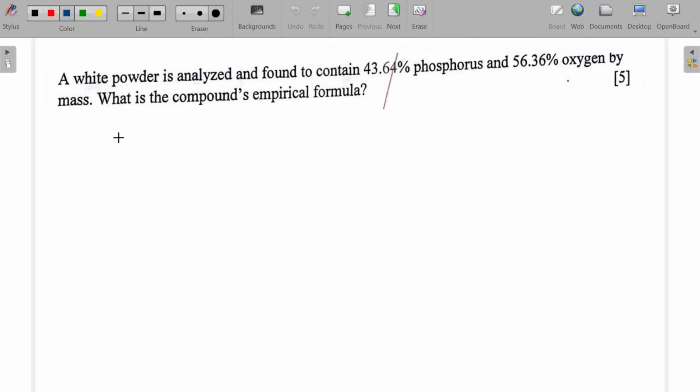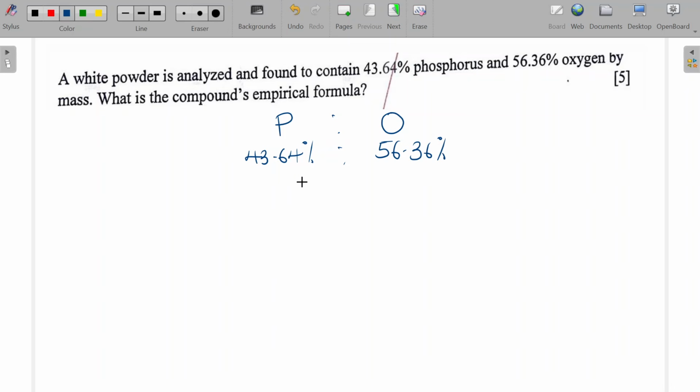So what you're going to do first is get the two atoms which have been mentioned: phosphorus and oxygen. The phosphorus is 43.64%, and the oxygen is 56.36%.